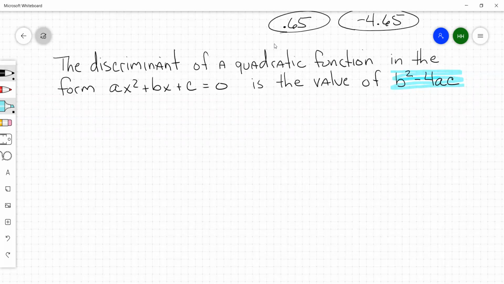So we're going to say here that when the discriminant, we're going to do a little table. Let's say value of discriminant.